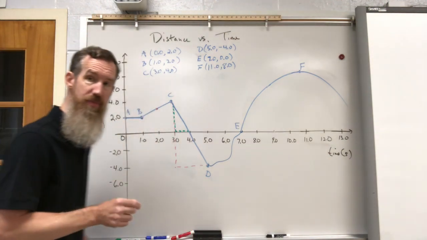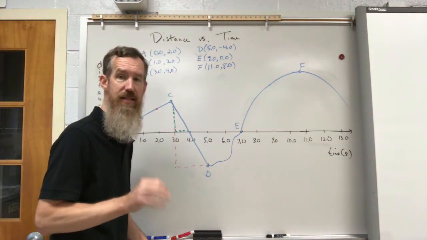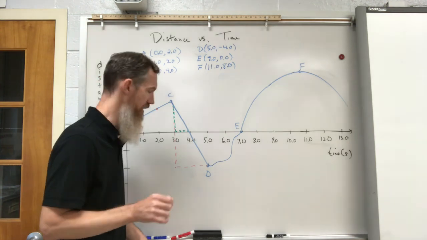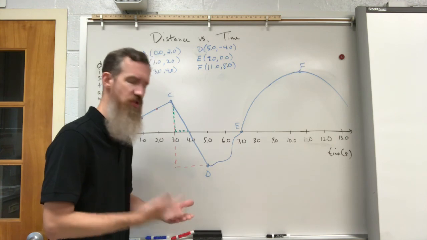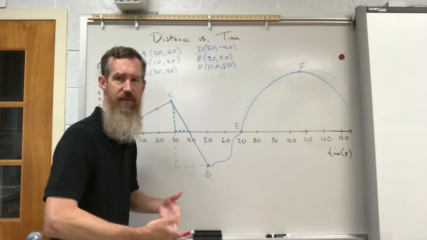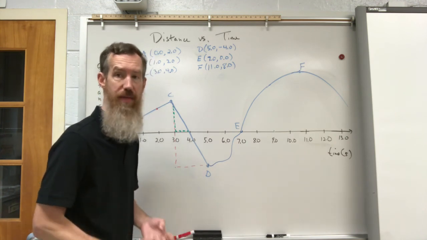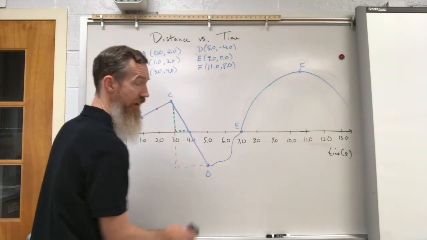So that negative is important. That negative tells me direction. That's the whole purpose of velocity, to tell me not only the value of the motion, but also the direction of that motion. That negative sign tells me the direction.